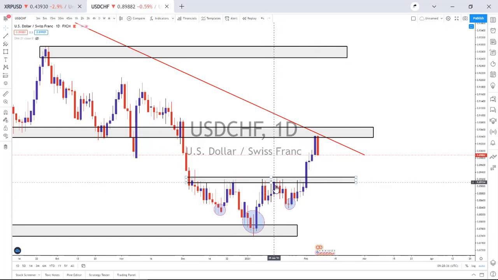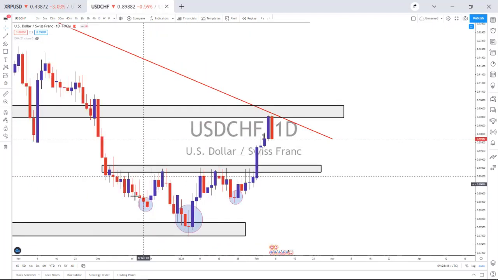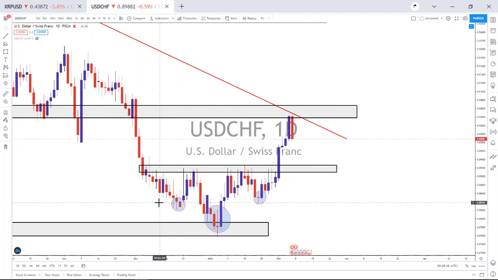Like for instance, at this point here, we could see this inverted hammer, and then we could see price fall all the way down to around the level of this shoulder before this indecision happened, and then some form of a morning star happened at this point in time.